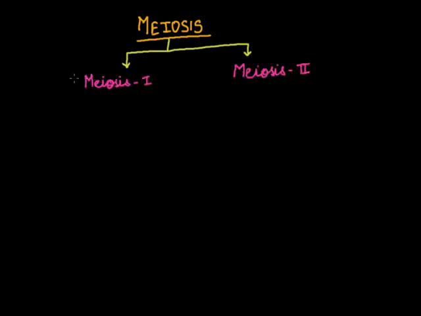Right now, we are talking about meiosis 1, and meiosis 1 is again divided into four steps, the first being prophase 1.